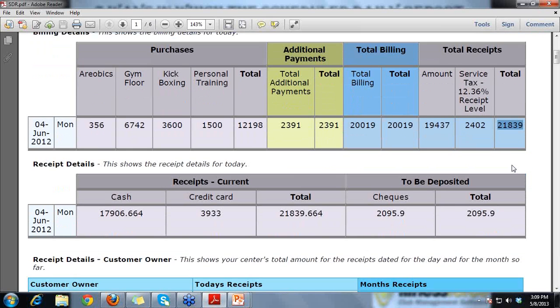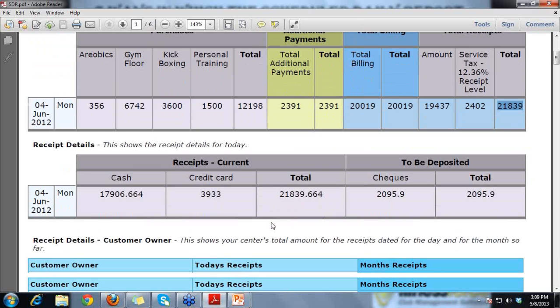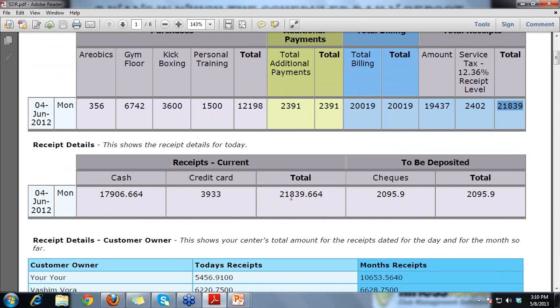Out of the receipt created of 21,839, exactly below you have the payment wise bifurcation. Out of the 21,839 you have received, 17,906 you have received in cash and 3,933 you have received in credit card. Now when you see this, this makes your deposition of your cash next day in a minute.